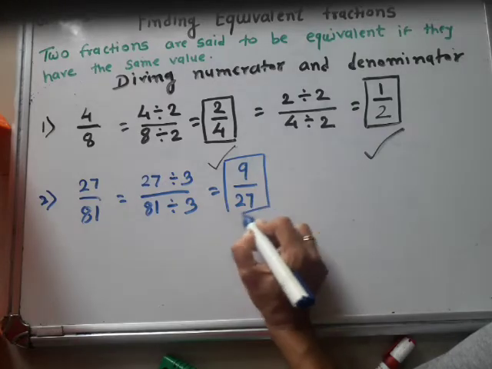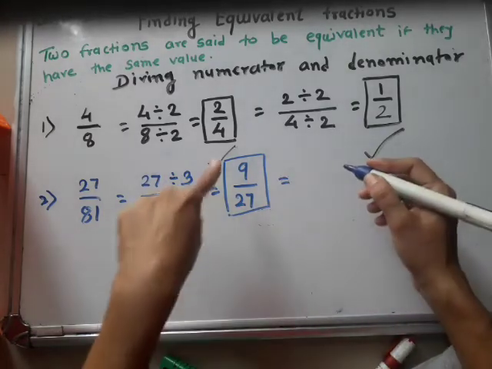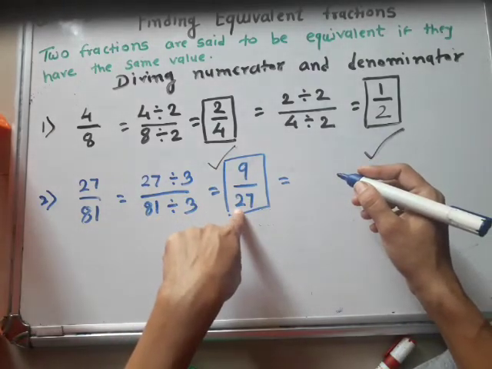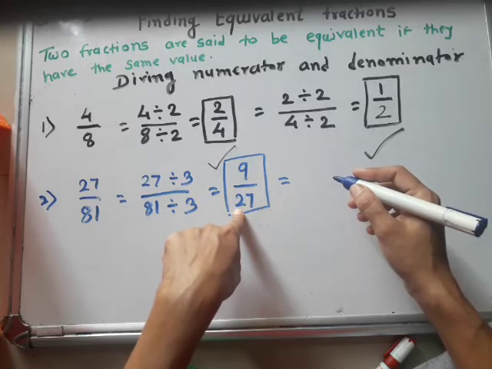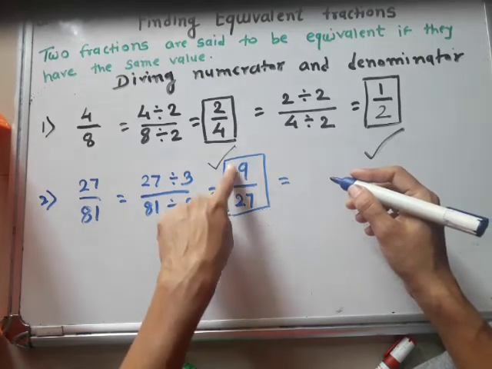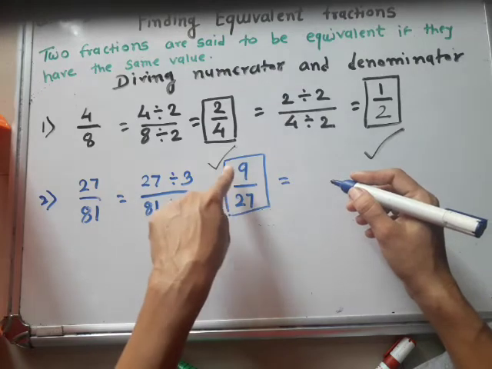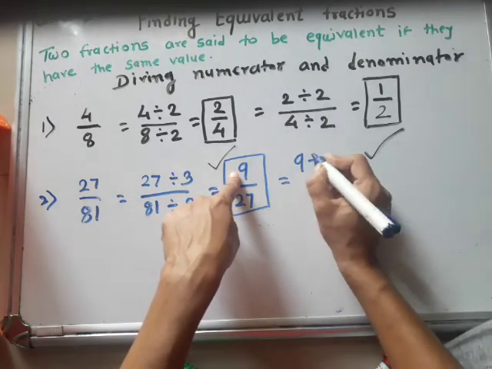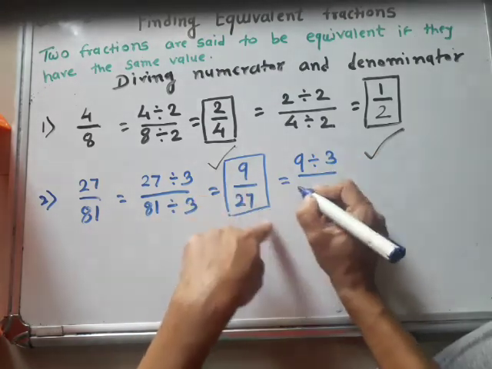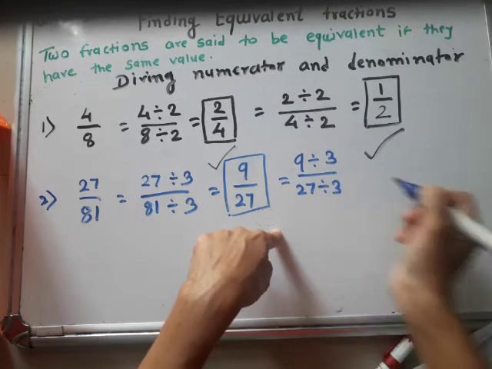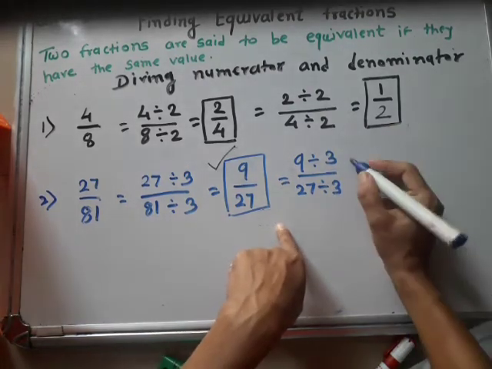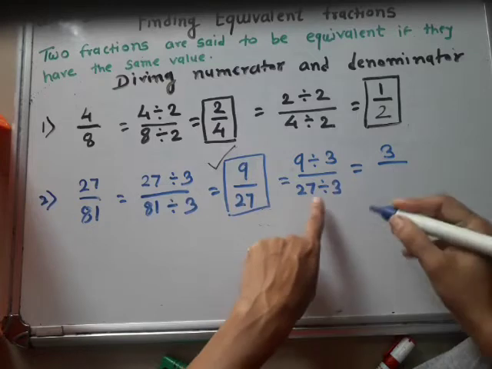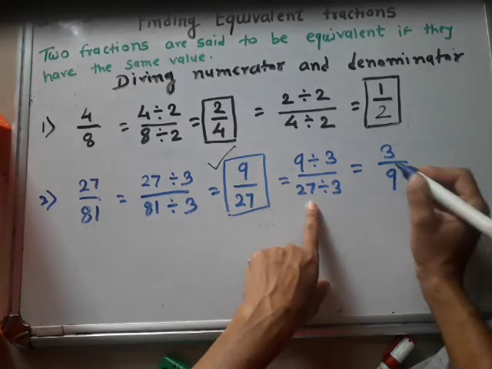Then again see, 9 and 27 both are divisible by 3, both numbers come in the table of 3. So you have to again divide these numbers by 3. 9 and 27 both are divisible by 3. Now 3 3s are 9 and 3 9s are 27.